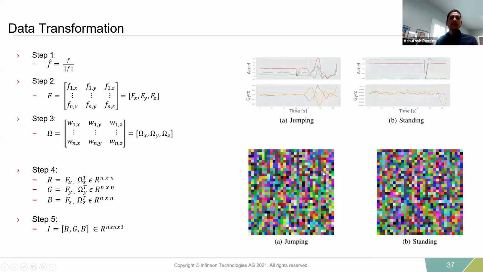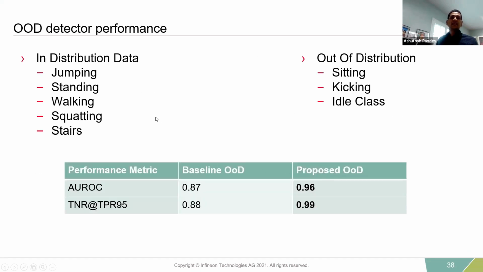In an example where we had in distribution data coming from these activities and out of distribution data coming from these activities, the in distribution OOD with the pre-processing method was able to get a lot better performance than the baseline OOD, which is open world out of distribution.